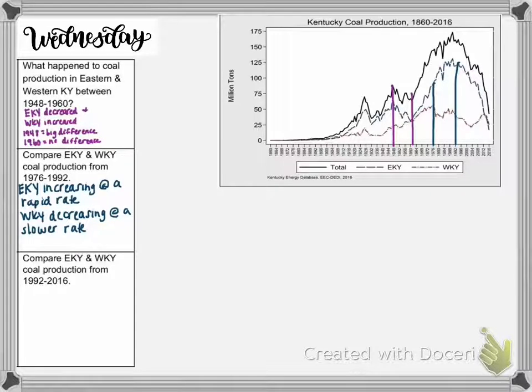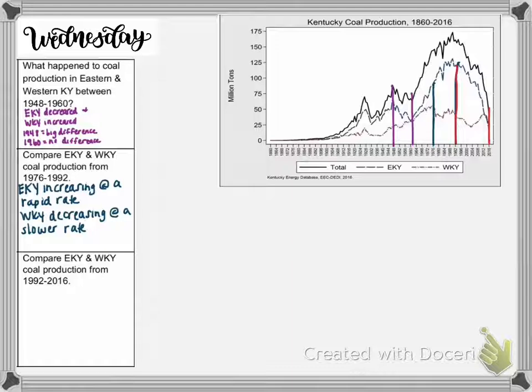All right, and then finally, let's look at that last question. We're going to compare eastern Kentucky and western Kentucky coal production from 1992 to 2016. So we're going to take it more recently. So 1992, where we left off here, we're going to pick up where we left off, to 2016. And look what happens there.